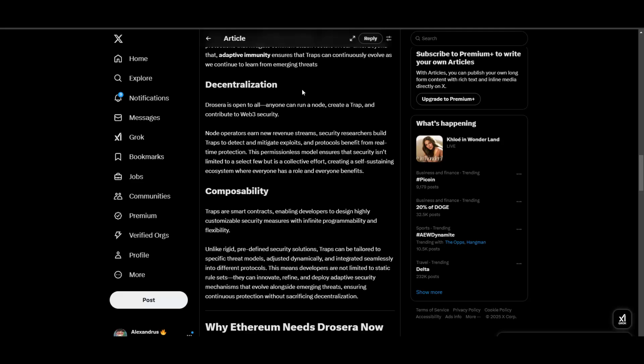And speaking of hacks, guys, I've got one in mind. That was, for example, the Nomad Bridge hack, right? We can take this infamous hack that was for around 200 million. It happened in August.